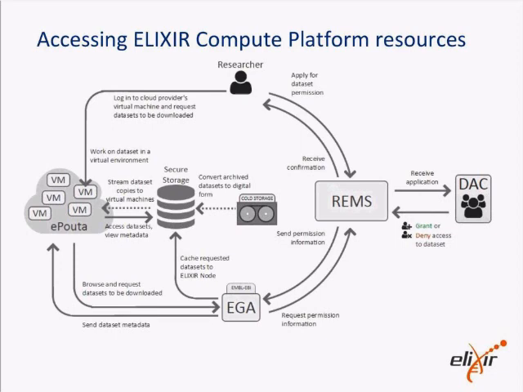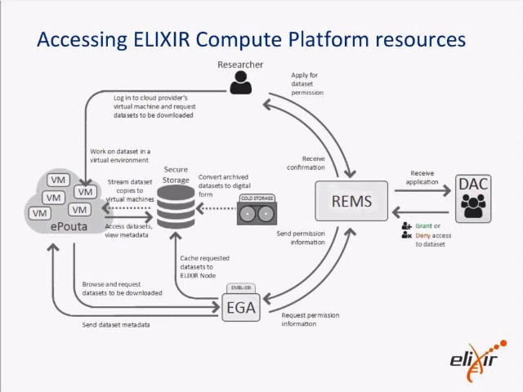Up there is the researcher, and if you go to the right-hand side, then they apply access now electronically from the Data Access Committee using a tool called REMS. It's developed in Finland and can be applied across the ELIXIR for different types of services that require data access control.